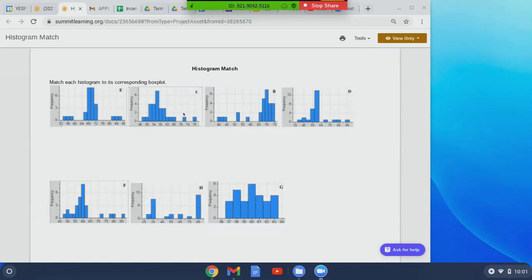So everybody, you chose whatever you're going to choose for B. So we did the first one together, Beth. We did E together. And we found that E matched box plot 4. Yes, 4. And remember, they are Roman numerals. So that's IV.